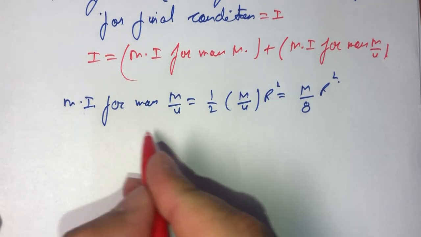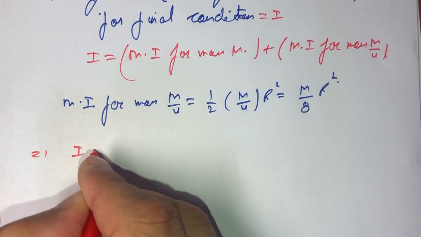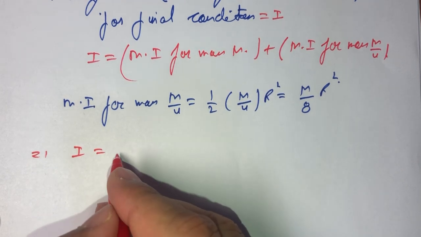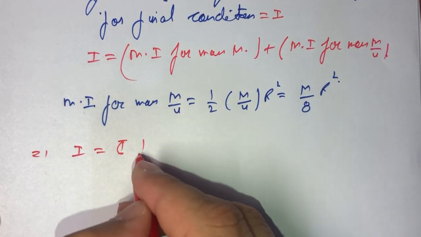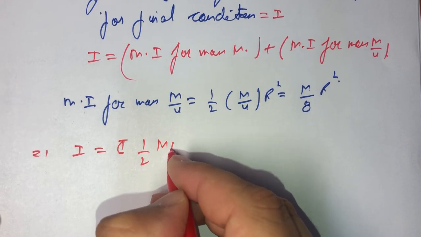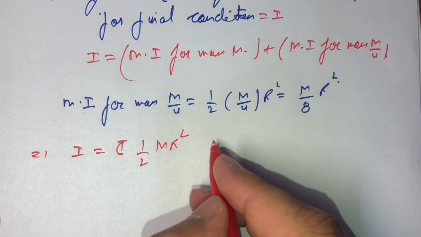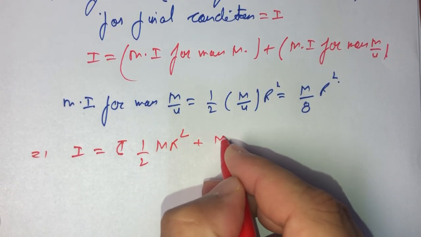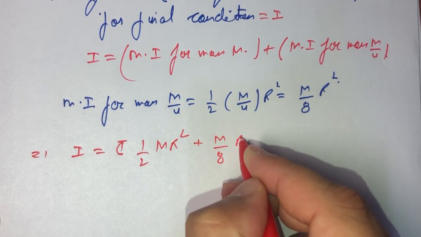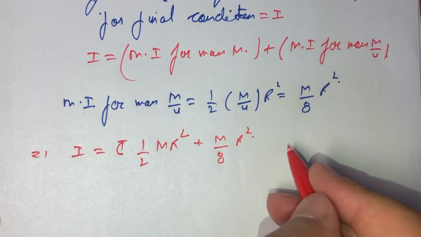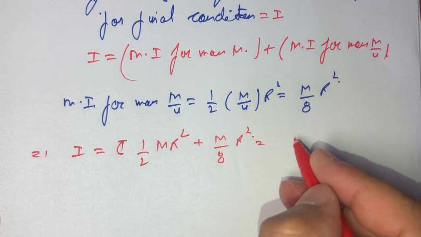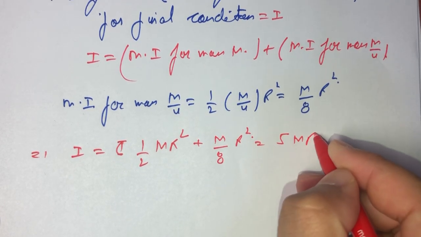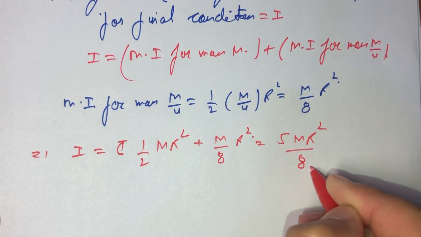Therefore I will be equal to 1 by 2 m r square plus m by 8 r square, and you can say this will come as 5 m r square by 8.